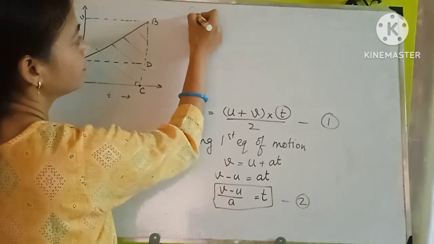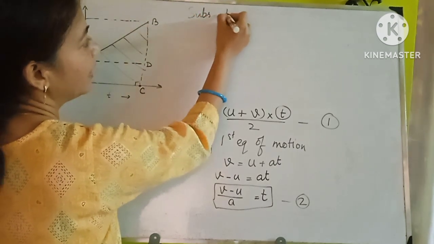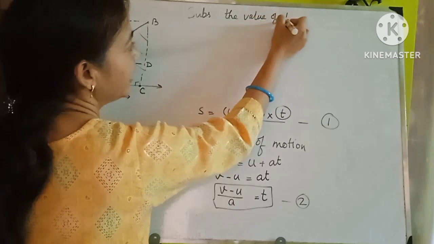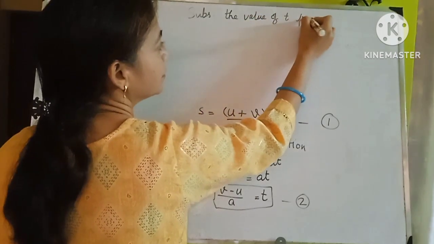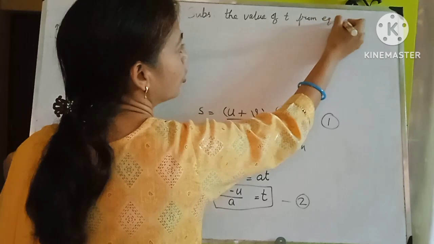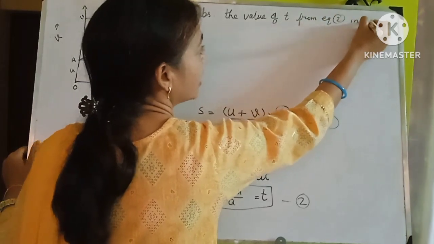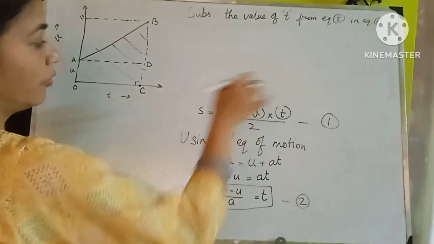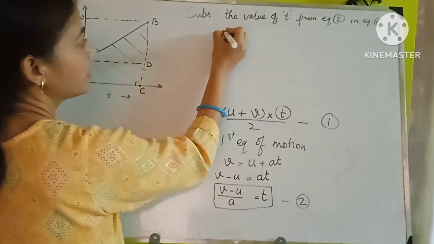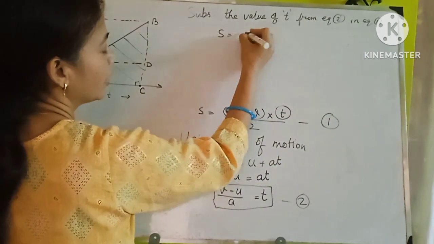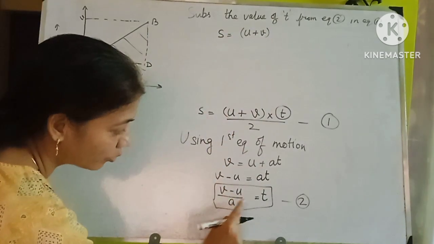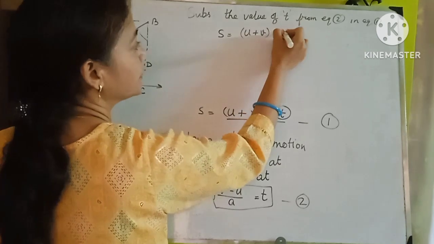Okay, this is your equation number 1. Just put this value of t. So what does it become? It becomes s is equal to u plus v, and what have you found out? What is t? v minus u.